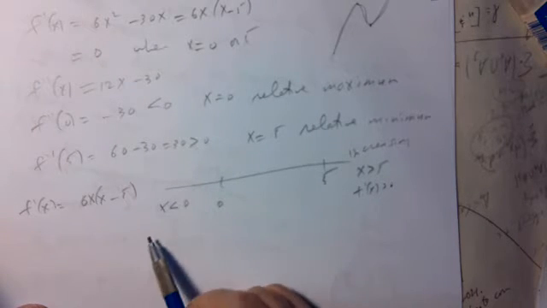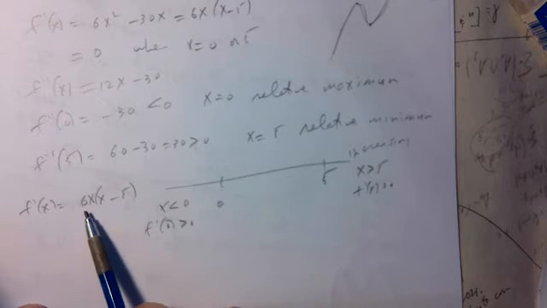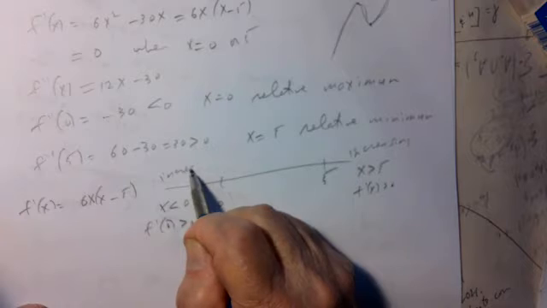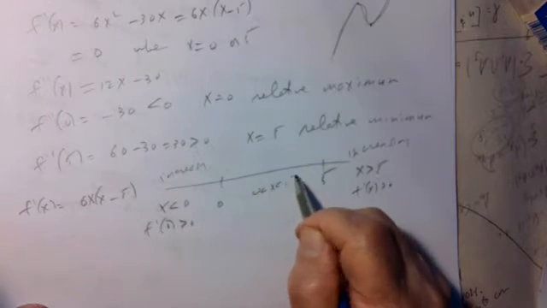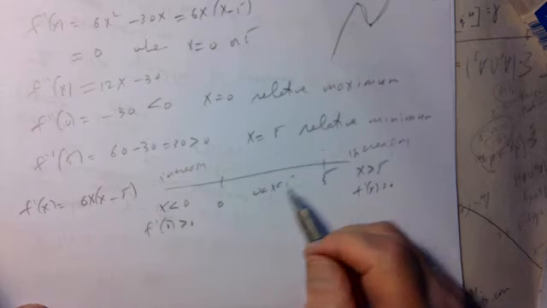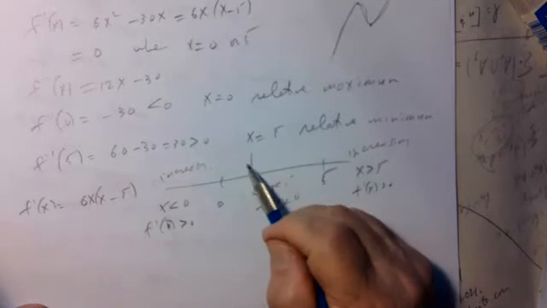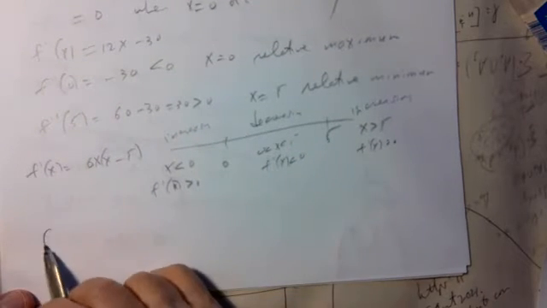When x is less than 0, f prime of x is also positive because you have negative times negative, and the function is increasing. And if you look at the interval x between 0 and 5, positive times negative is negative. So the function is decreasing.